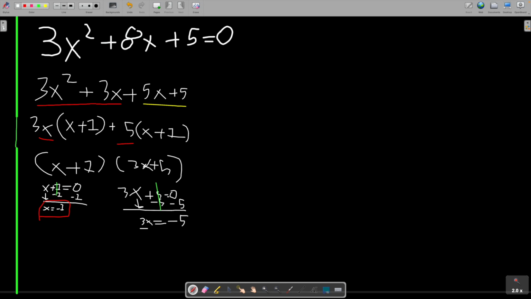And then we divide both sides by 3 to isolate x finally. So 3x over 3, those cancel the 3's, and we're left with just x. And x equals negative 5 over 3. We can't really simplify negative 5 over 3, so that's basically the end of it. So we have x equals negative 1 and x equals negative 5 over 3. So these are the answers.